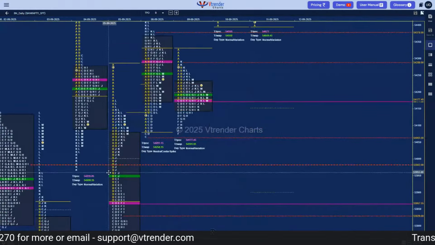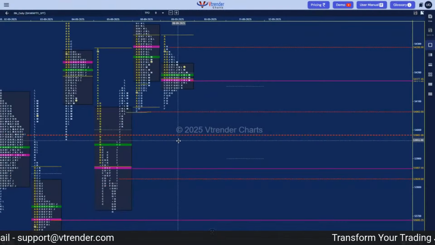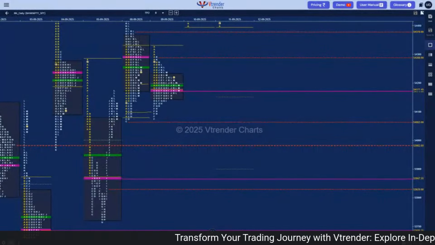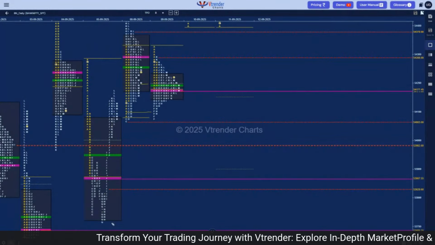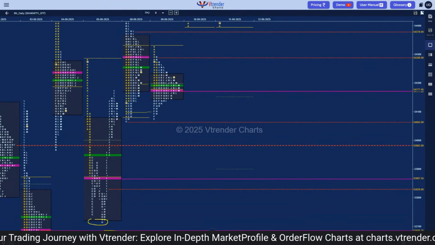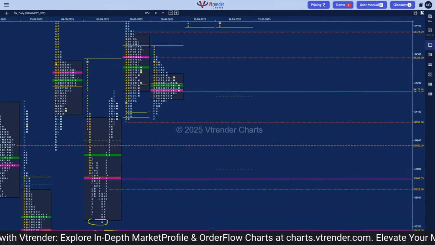So the same date, this 5th of September, even in Bank Nifty, you can see the market profile chart, how we left this low in G, just stopped short of this POC.